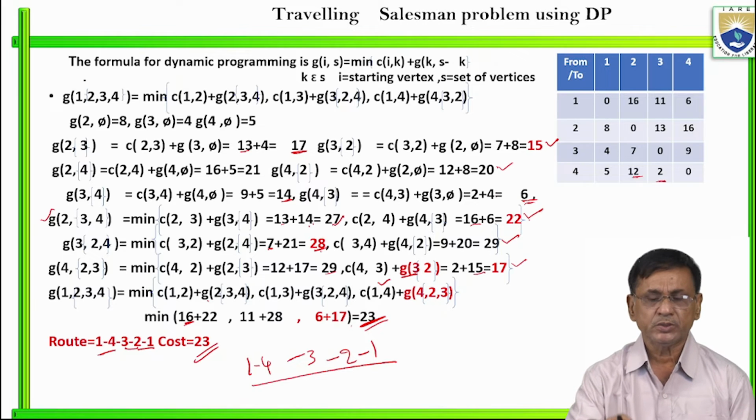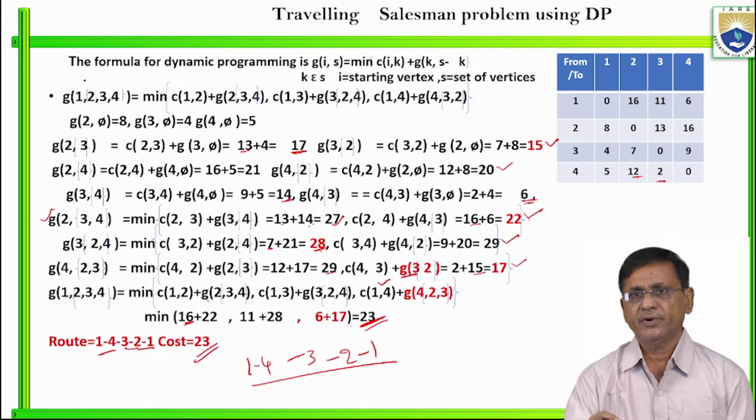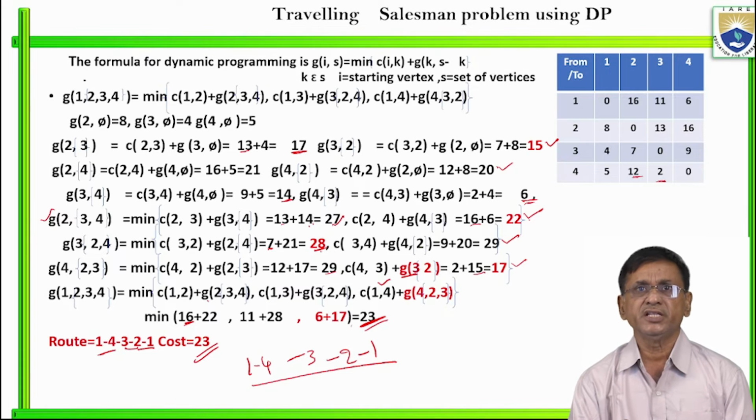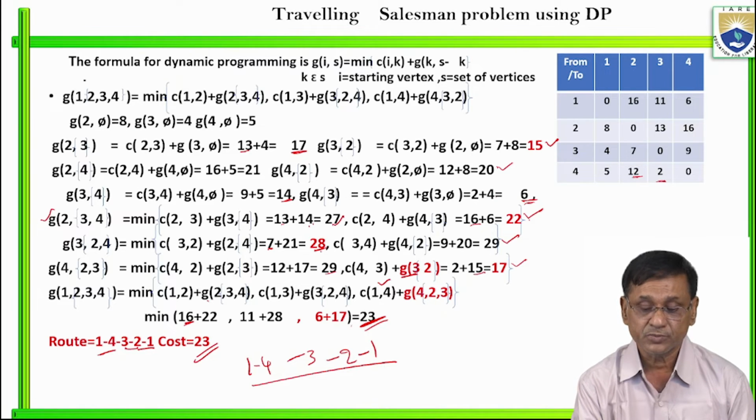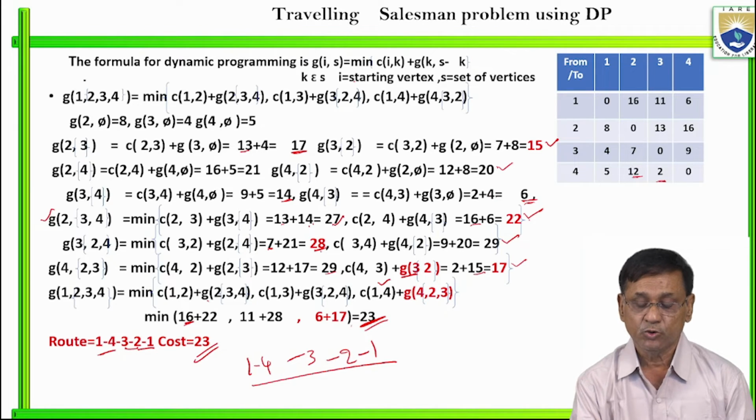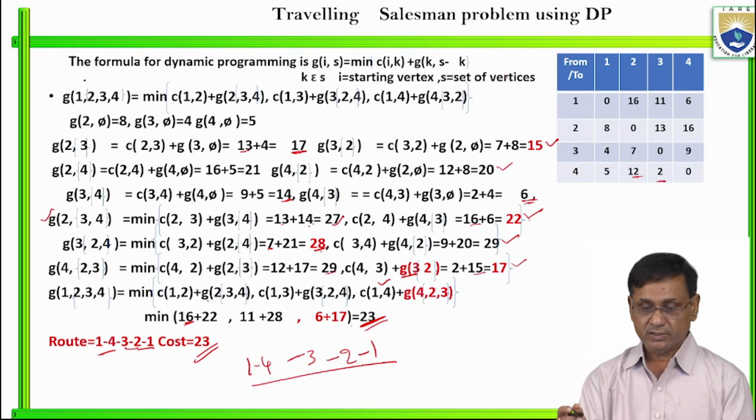So simply we have to use the formula for finding the solution for any number of cities. The general formula for dynamic programming is: cost of going from the starting city I to the set of vertices S is equal to the minimum of cost of going from city I to k plus cost of going from city k to the remaining set of cities, where k belongs to S, I is the starting vertex, and S is the set of vertices.